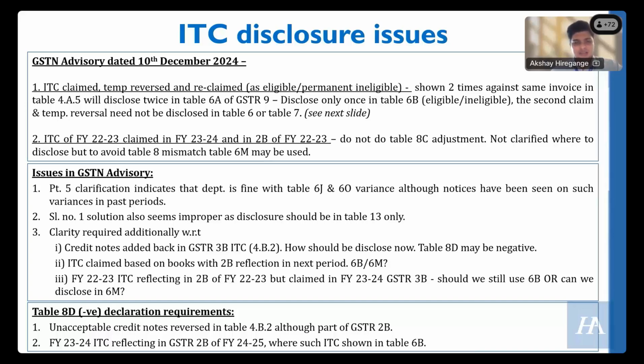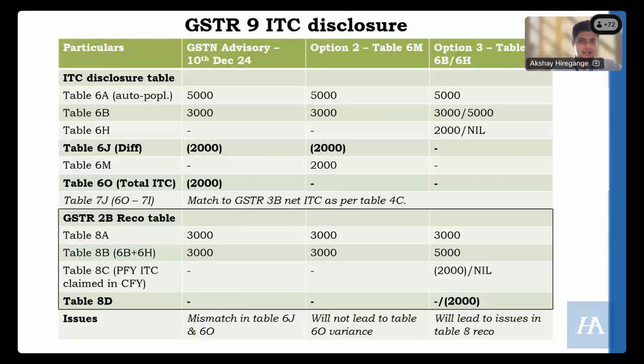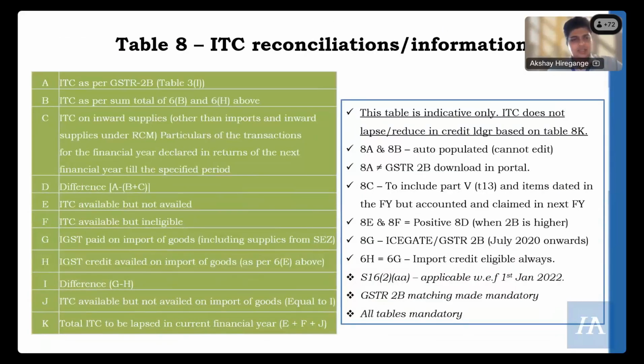There could be certain reasons where table 8D is negative. Let me disclose table 8D here first. So table 8A is your ITC as per GSTR 2B. 8B is ITC which is auto-populated based on 6B and 6H. Please keep that in mind.